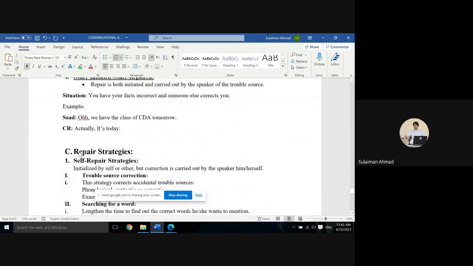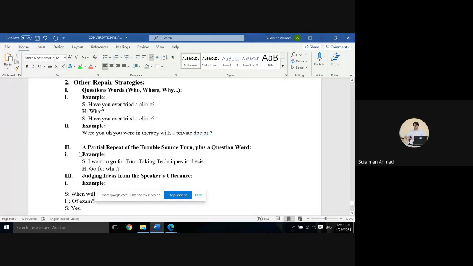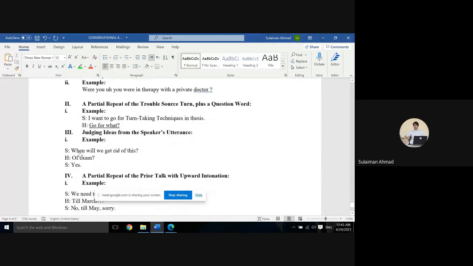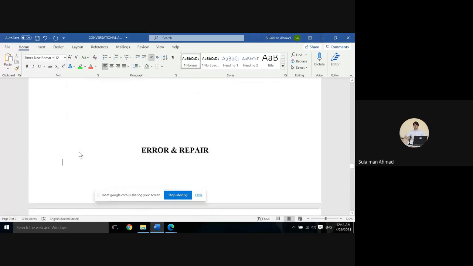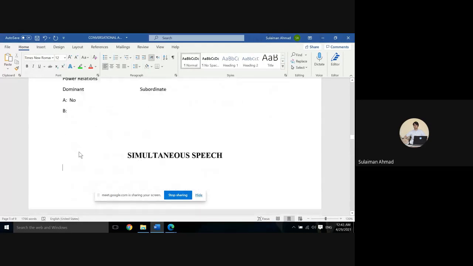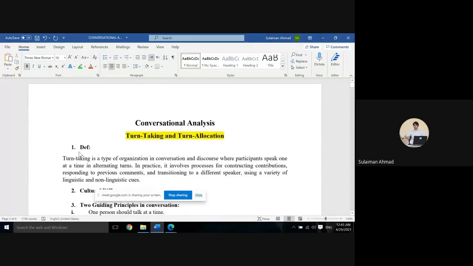We'll talk about all these strategies. So when we apply all these strategies on a conversation while analyzing it, we may easily come to know who is dominant and who is subordinate. And that is the basic aim of critical discourse analysis, to explore power relations in text. That's all.